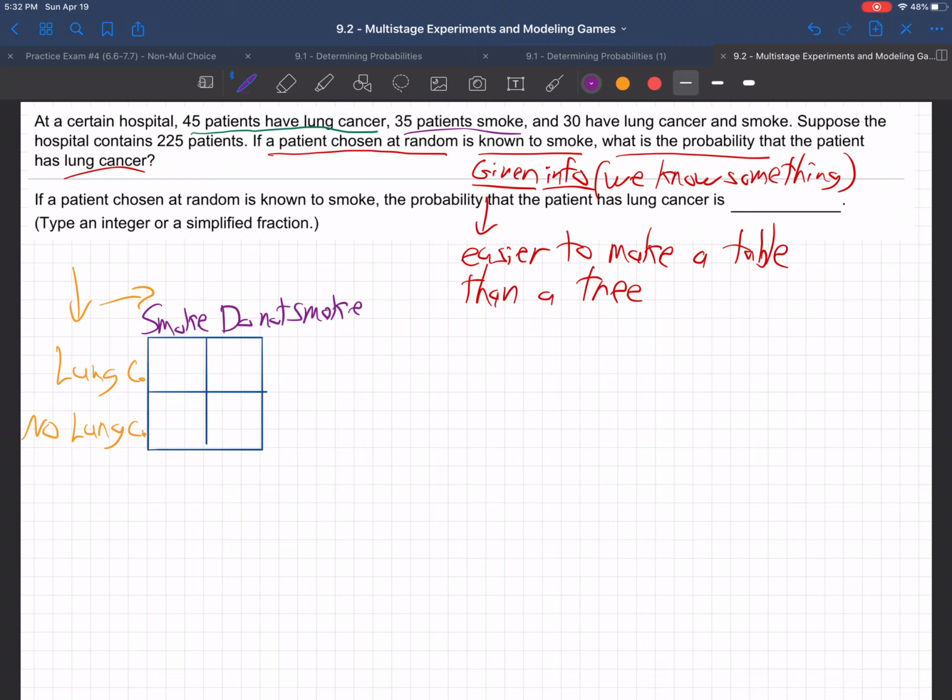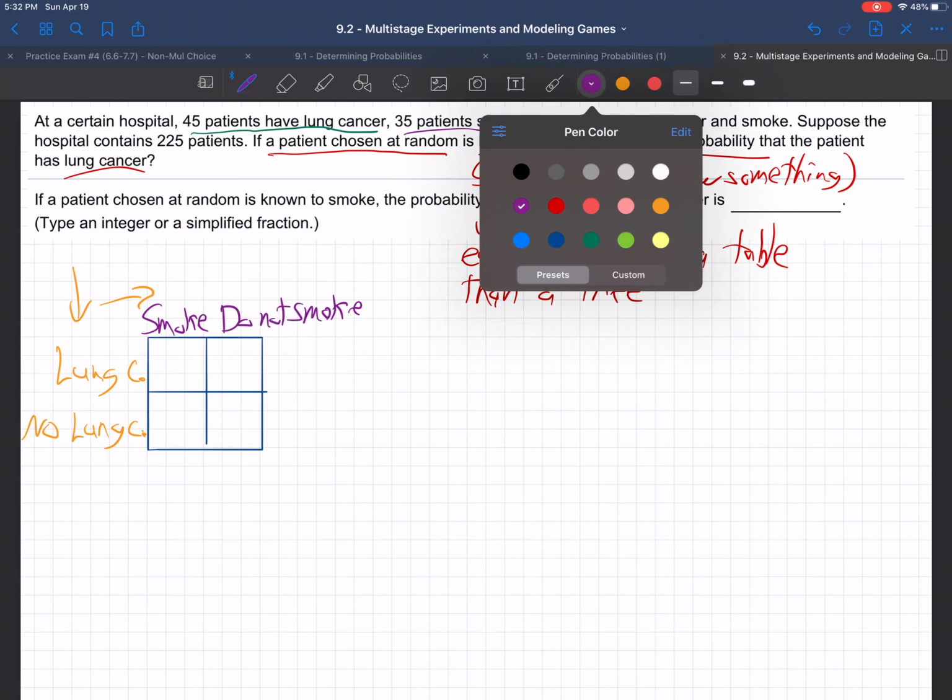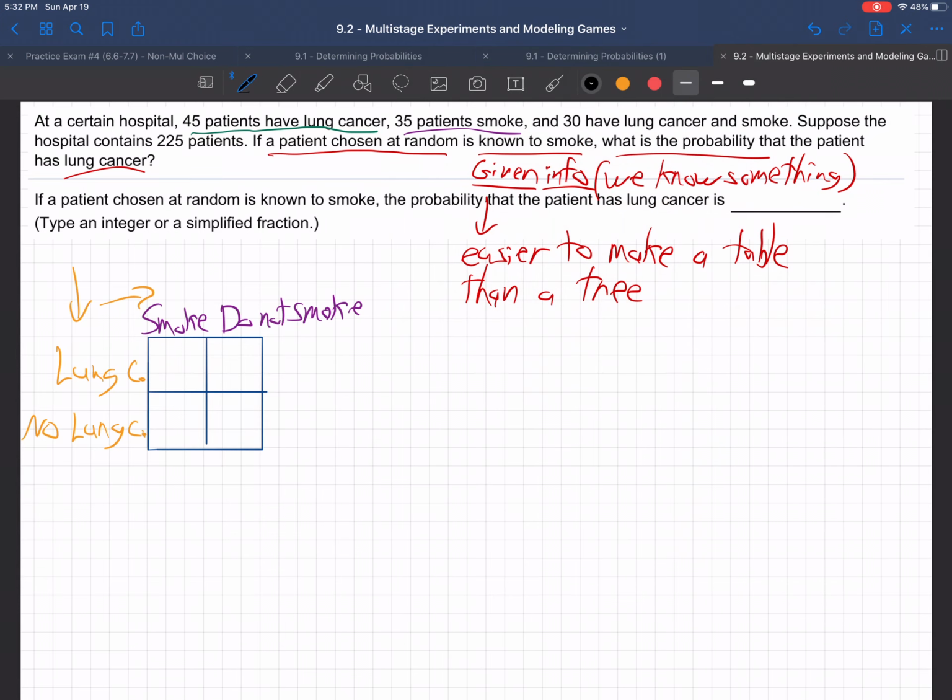So now let's see what kind of information we can put in the boxes. What does it say? 45 patients have lung cancer. Can I put that 45 right there? No, that wouldn't be right, because you'd be saying 45 people both smoke and have lung cancer.